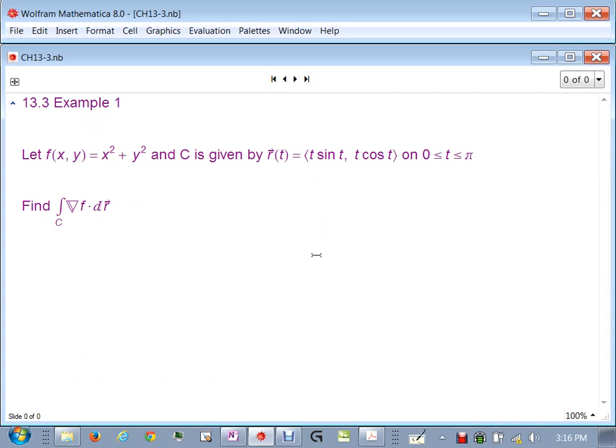All right, let f of x, y be x squared plus y squared, and C is given by that r of t, with the restriction on t given. Find this.